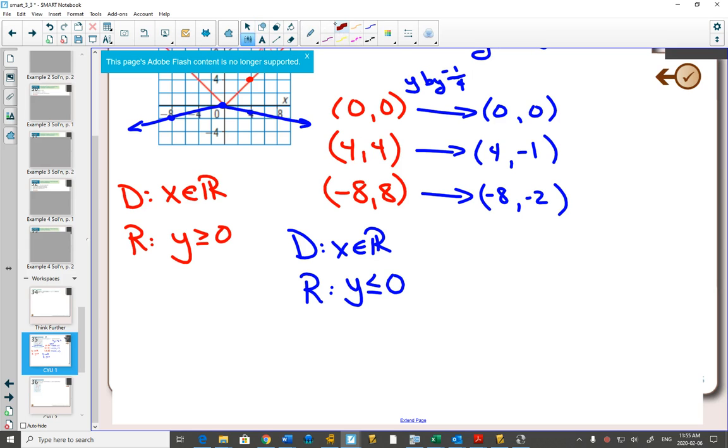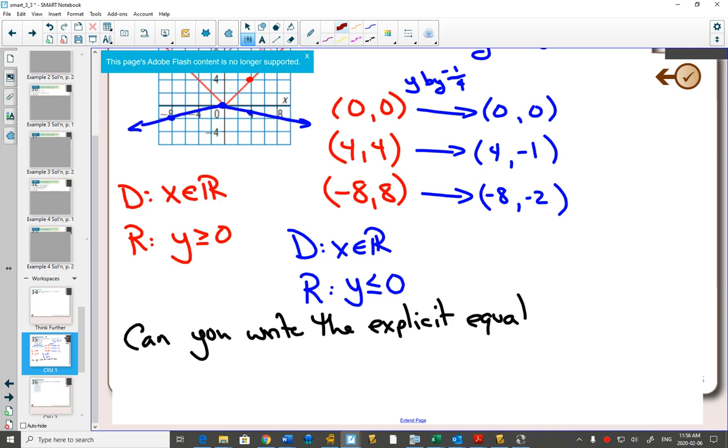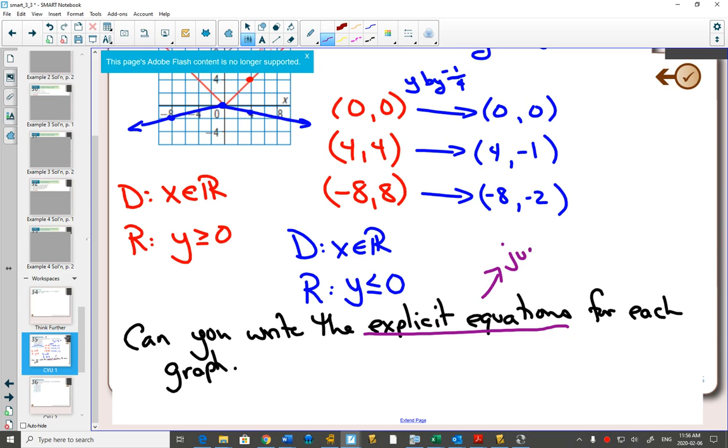The question that I'm going to add is, can you write the explicit equations for each graph? Now, explicit equation is no function notation, it's just with x's.